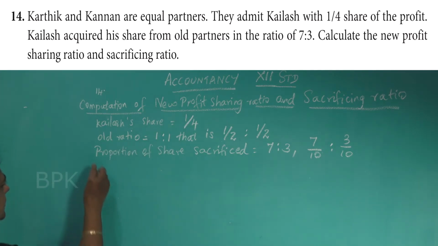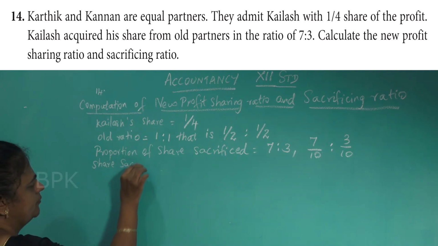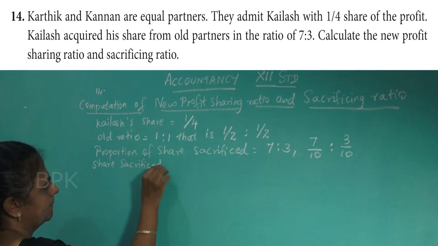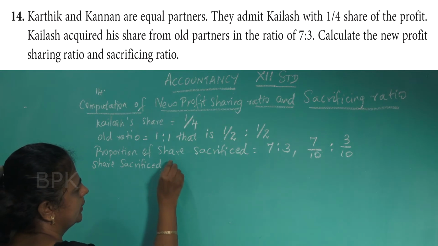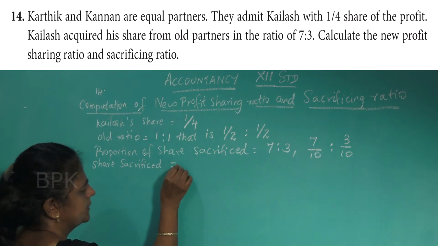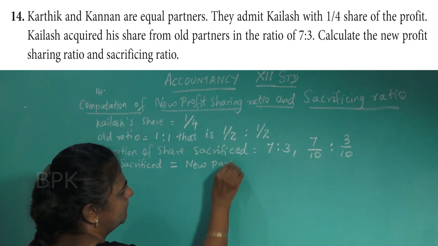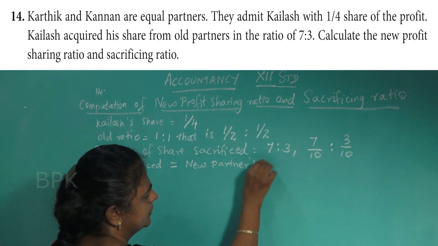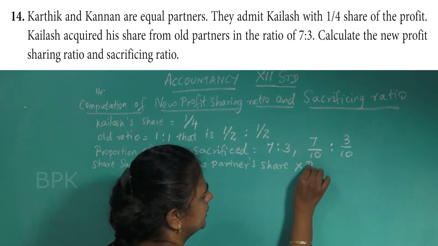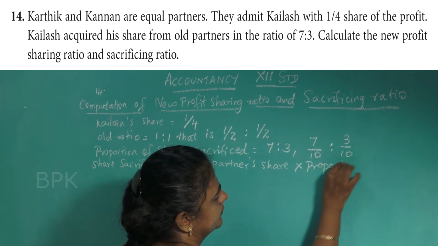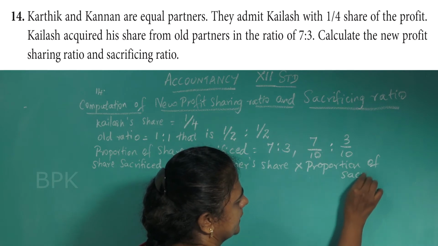So you have to write like this: share sacrificed by the old partners is equal to, this is the formula, new partner's share into proportion of sacrifice.